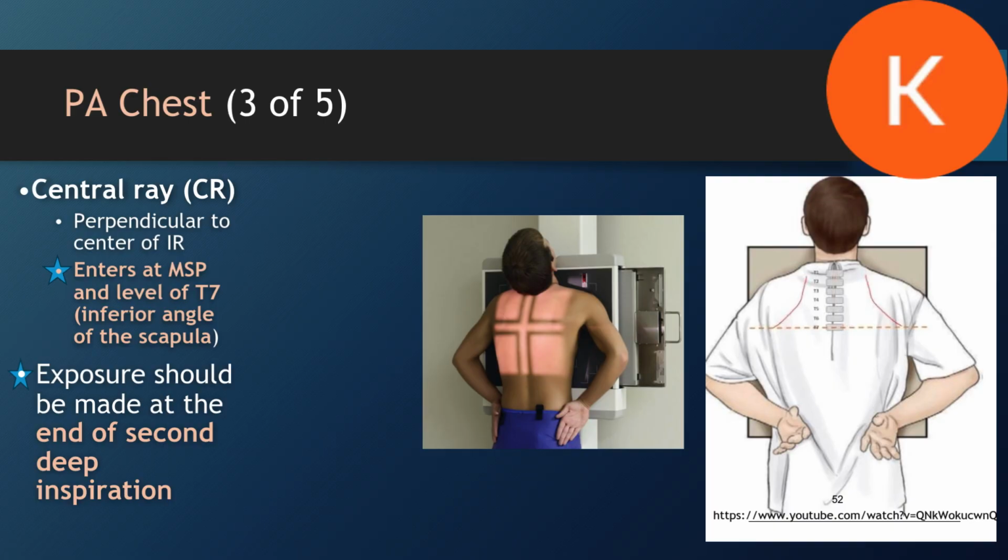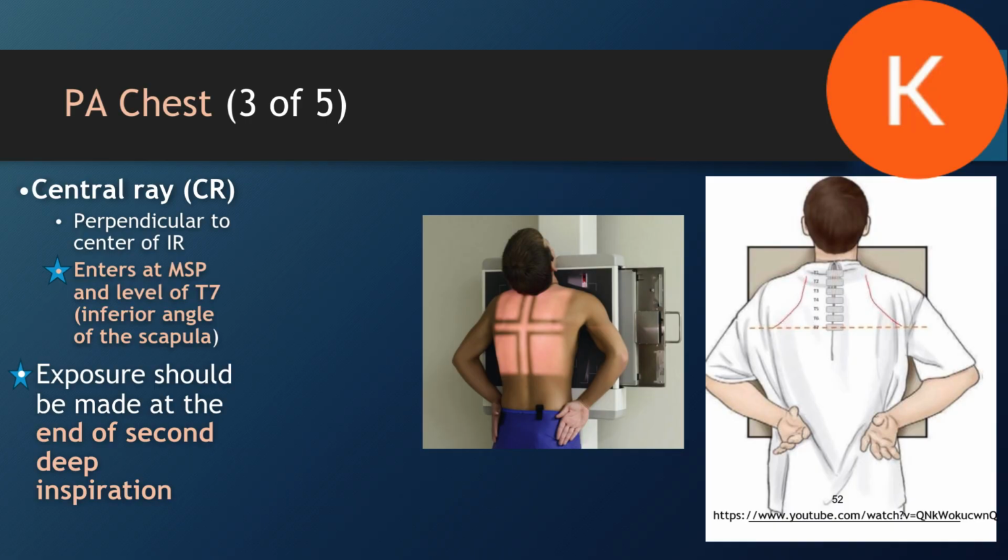The central ray is perpendicular to the center of the image receptor. It enters at the mid-sagittal plane and at the level of T7, which is our inferior angle of scapula. Exposure should be made at the end of the second deep inspiration.